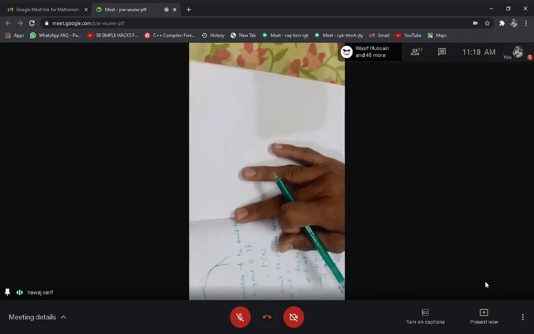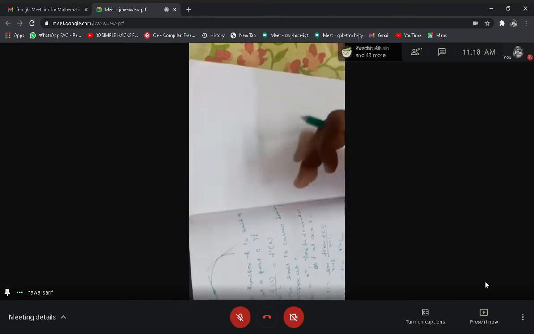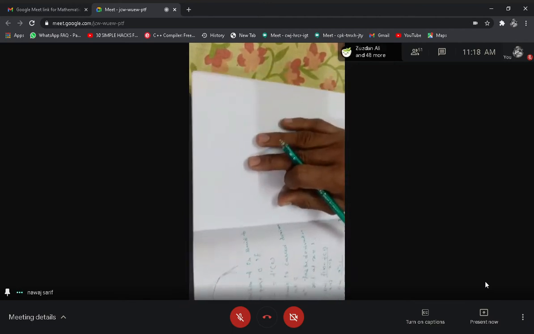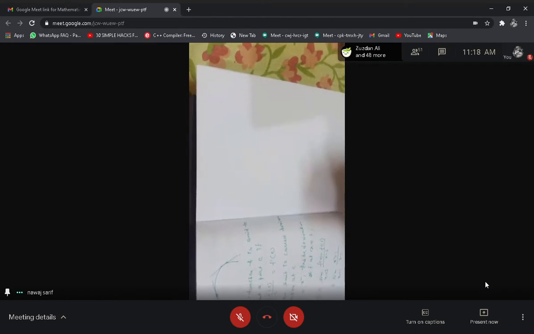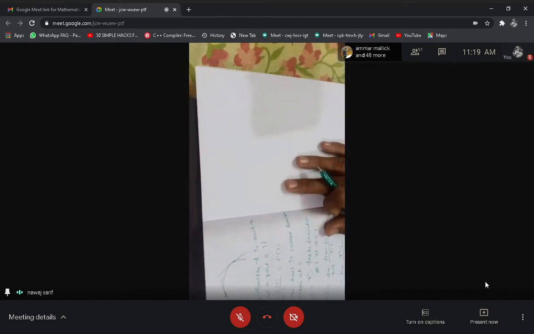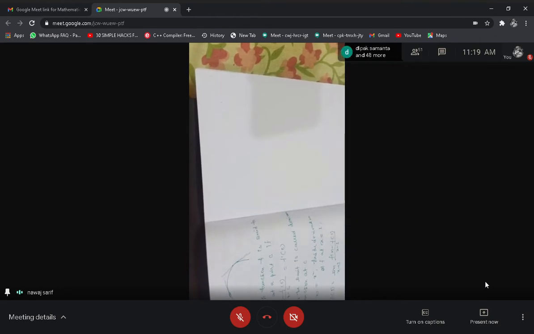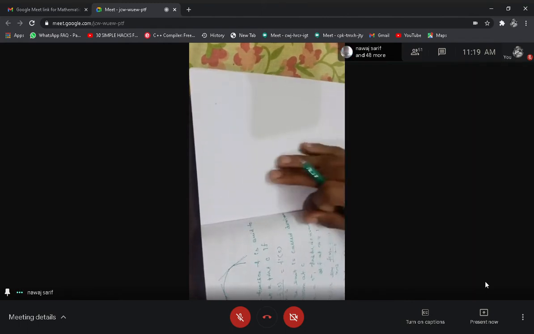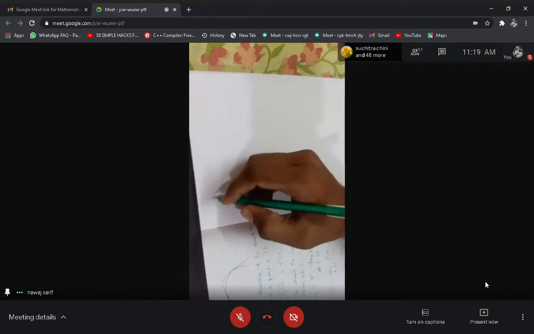So, can you give an example for the converse part? Sir, function mod x is continuous, yes, mod x is continuous, but this function is not derivable. Okay, so write down theorem.